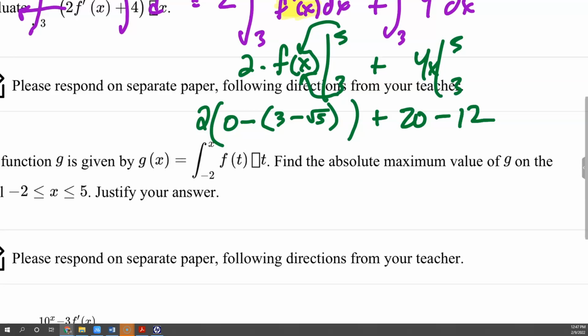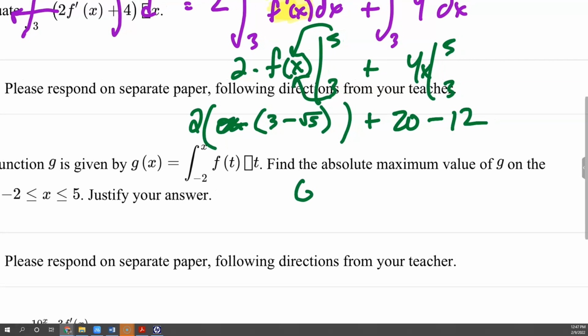Technically, I can leave it like that. On a free response, you can leave it like that, for sure. If you wanted to, this is 0 minus, so that could be 6 minus 2 rad 5 plus 8, so it's like 14 minus 2 rad 5. On a multiple choice, I'd want you to go to that step.